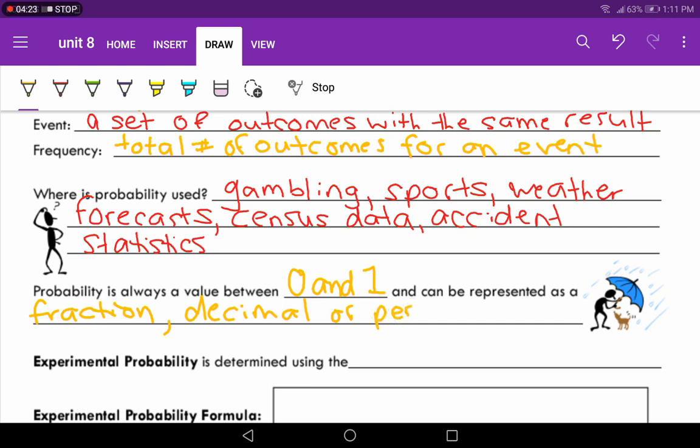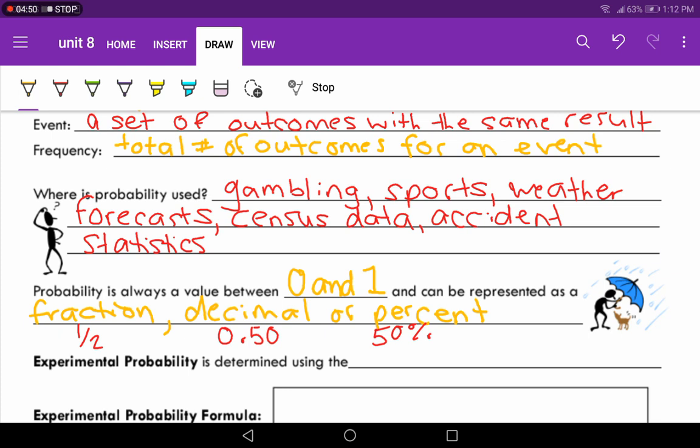So this is going all the way back to our review. At the very start of the course, we talked about fractions, decimals, and percent. Probability uses all three of these. Okay, so if we just want an example, so a fraction, obviously 1/2, in decimal form, that would be 0.5, and as a percent, that would be 50%.